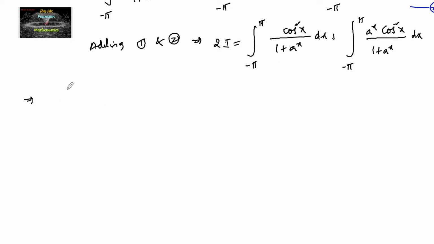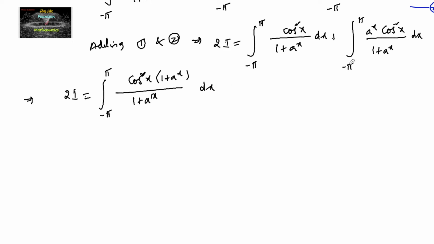So 2I is equal to, having the same integral from minus pi to plus pi, we can write 1 plus a to the power of x common in the numerator, and cos square x common, upon 1 plus a to the power of x dx. We can cancel 1 plus a to the power of x with 1 plus a to the power of x, and we have the integral from minus pi to plus pi of cos square x dx.